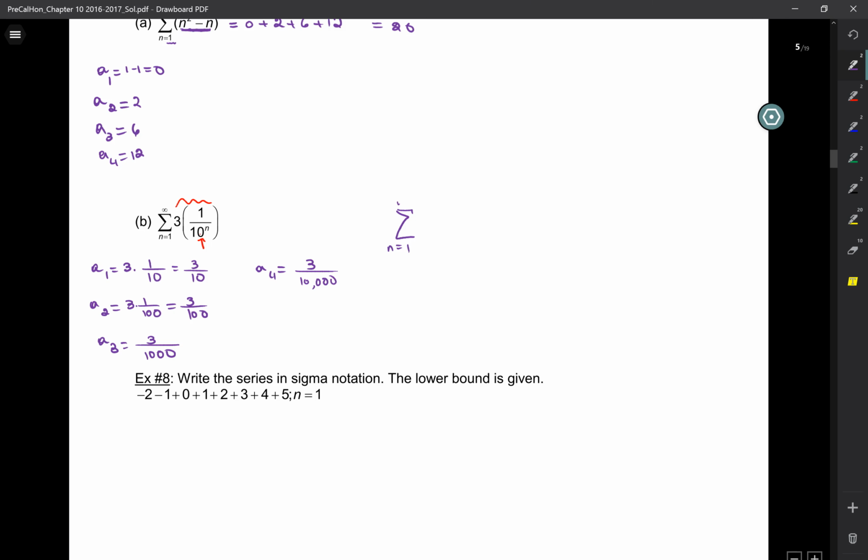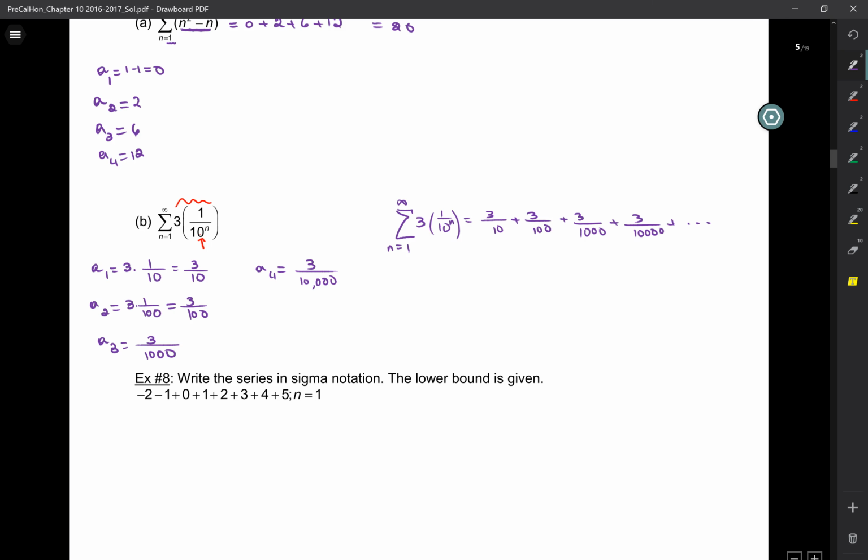So the sum from n equals 1 to infinity of this cute little mess is equal to 3 over 10, 3 over 100, 3 over 1,000, 3 over 10,000 plus ... right?